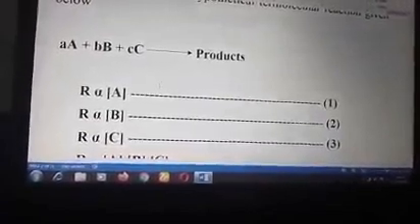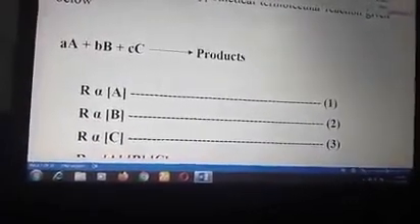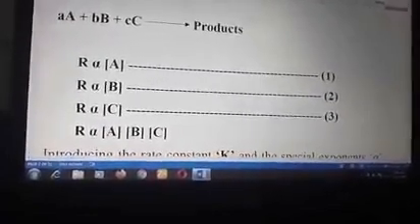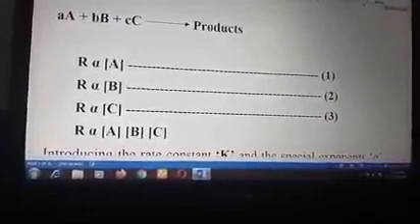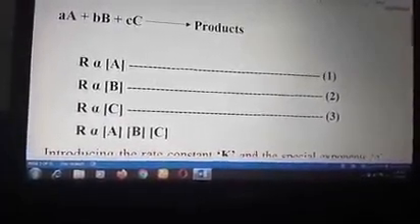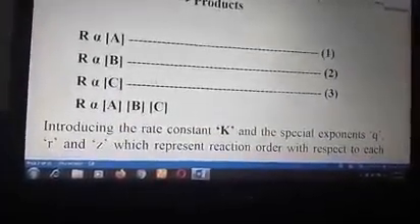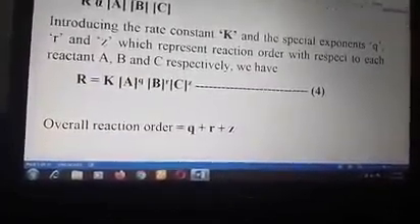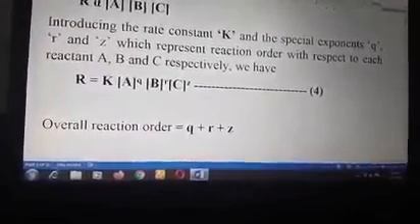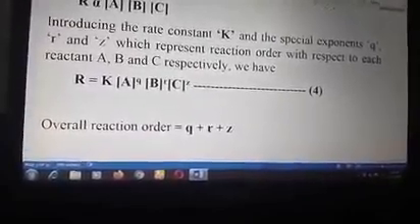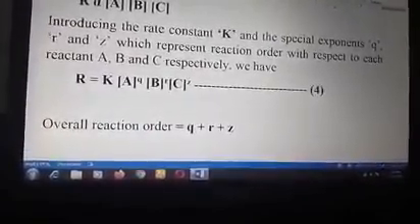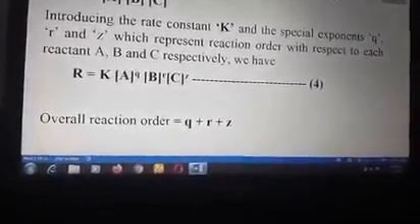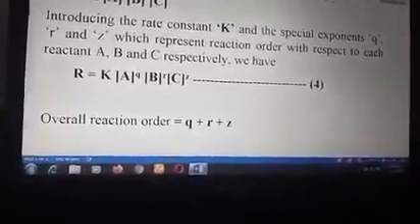So R varies directly as the concentration of A, that of B, and that of C. Bringing them together, we'll now say R varies directly as the concentration of A, B, and C together. We bring in the rate constant K, and then we have an equation of this nature: R equal to K, A raised to the power Q, B raised to the power R, and C raised to the power Z, where Q is the order of reaction with respect to A, R the order with respect to B, and Z the order with respect to C.